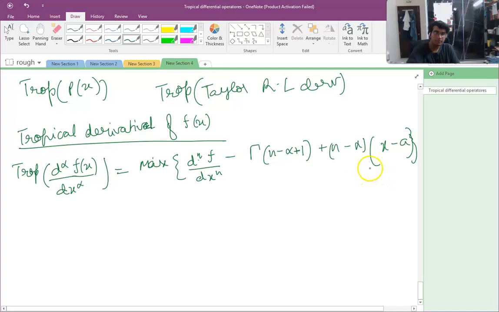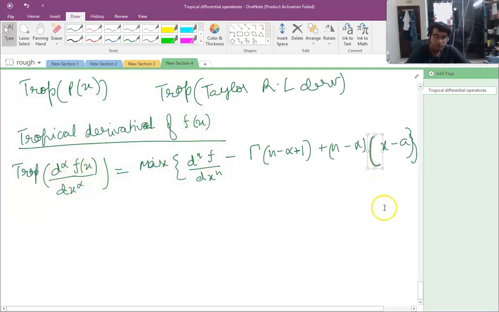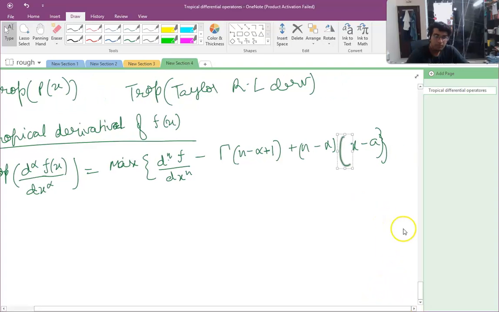So it takes all these terms from n equals 0 to infinity. Okay, so this is your sum, and this is what my idea of the tropical derivative is.